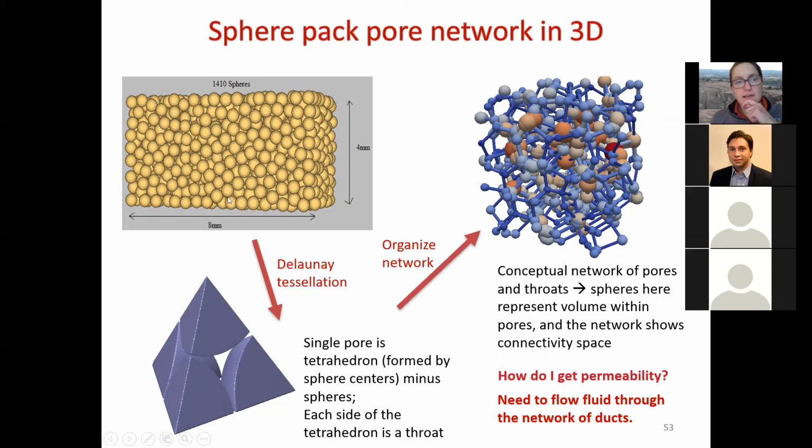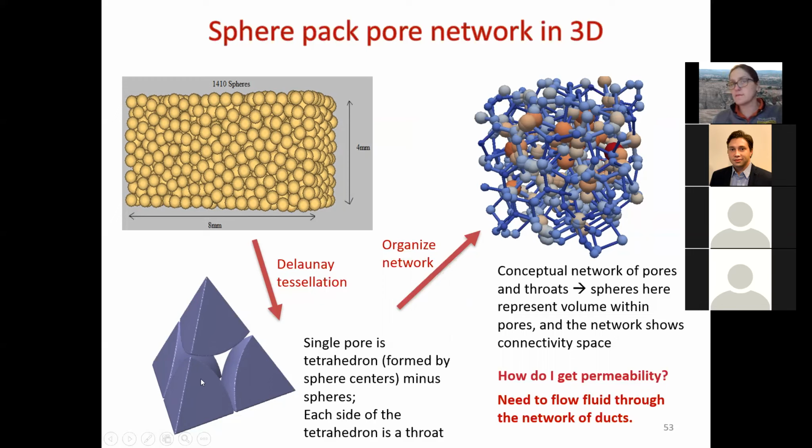So if I have a sphere packing in 3 dimensions, I would actually take a tetrahedron. So I would take 4 spheres, and this Delaunay tessellation works in 3 dimensions as well. It's just that you're going to work with tetrahedra. And as I explained again, the closest 4 centers form a tetrahedron.